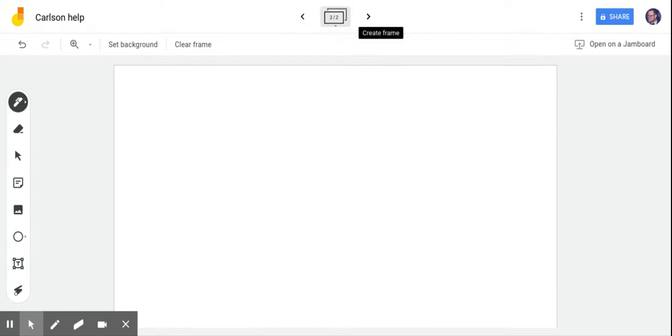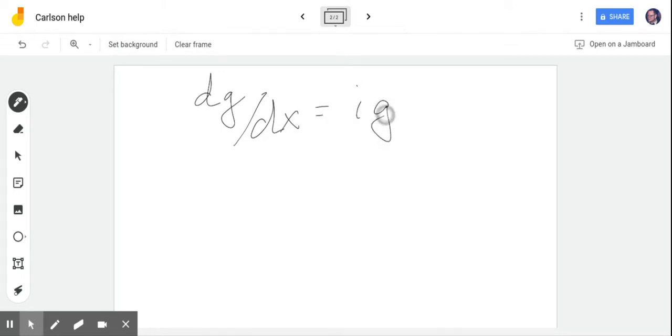The second part is going to be recognizing that that's a general form of an equation. So now I'm just going to use g. So we'll say dg over dx is equal to i times g.